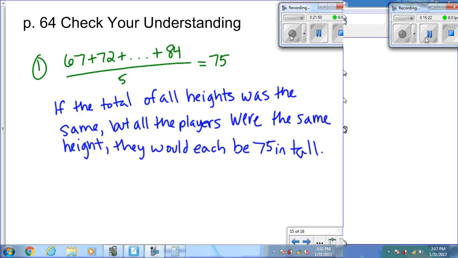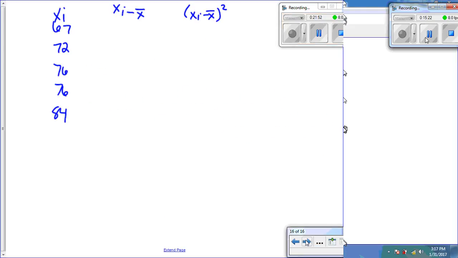So I started the table over here. Each data point is listed under the xi. So remember, xi represents each individual data point. So then the deviation, I would take each data point and subtract the mean.